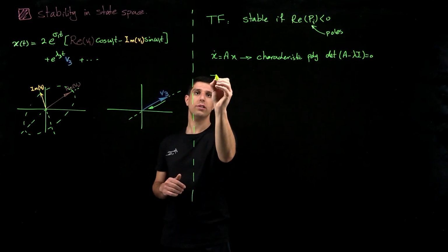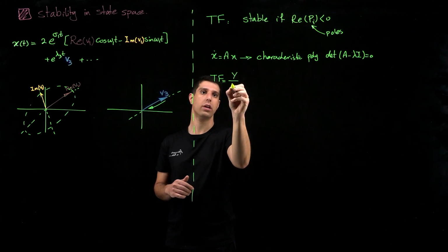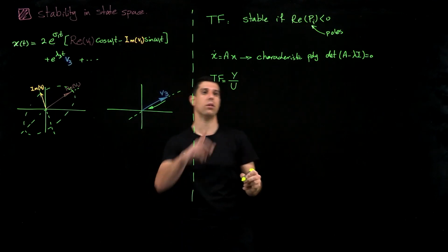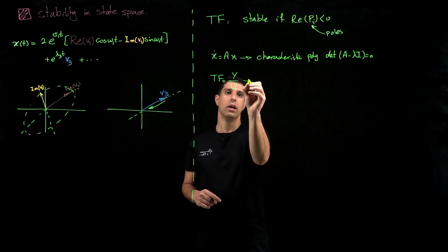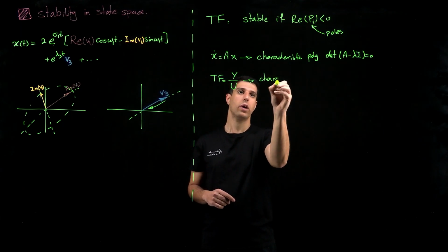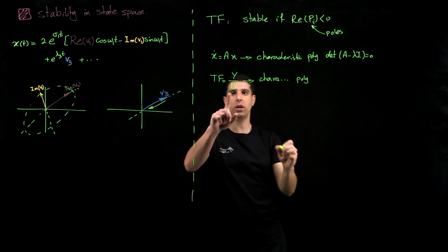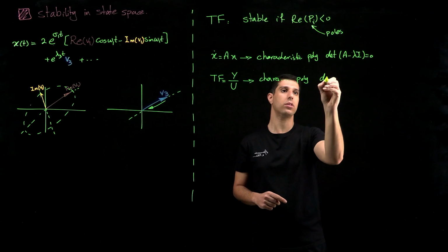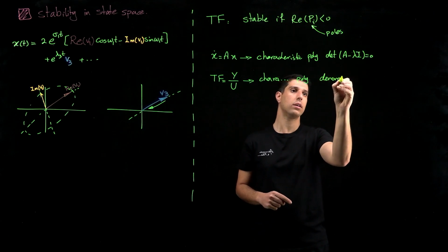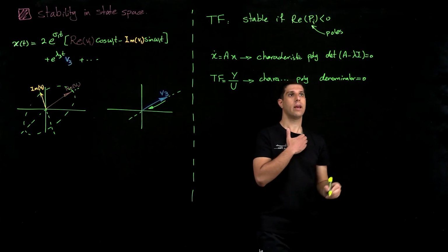When we had the transfer function equals y over u, the characteristic polynomial was the denominator equals 0.